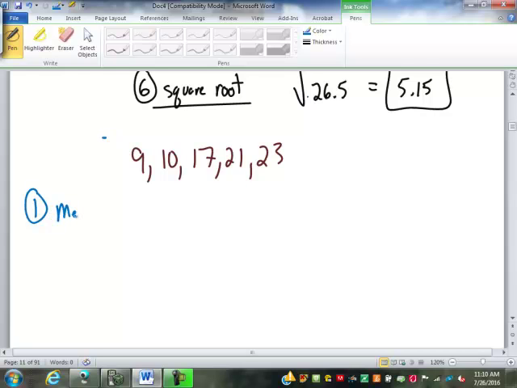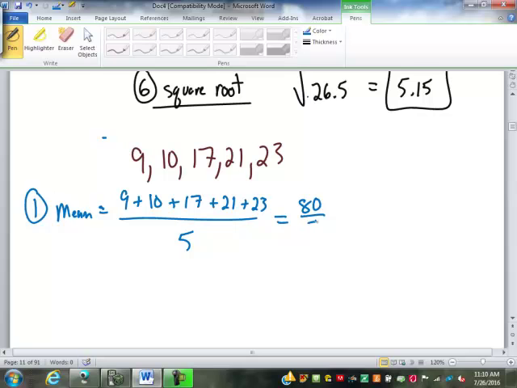Find the mean. Add them together. What do those add up to? 80. So divided by 5 is 16.